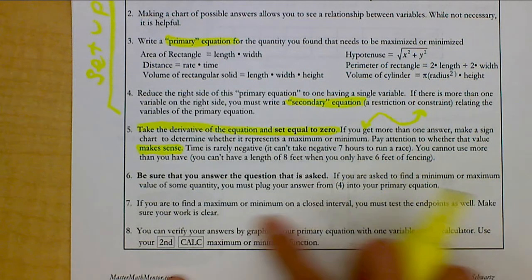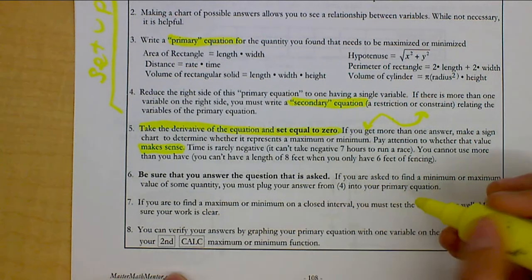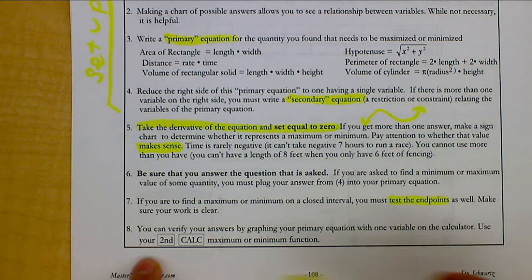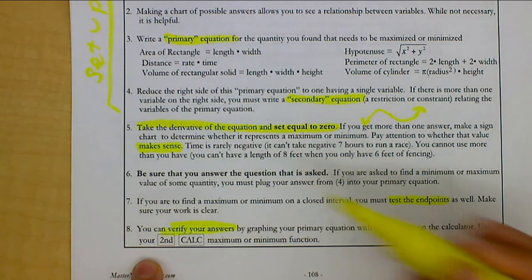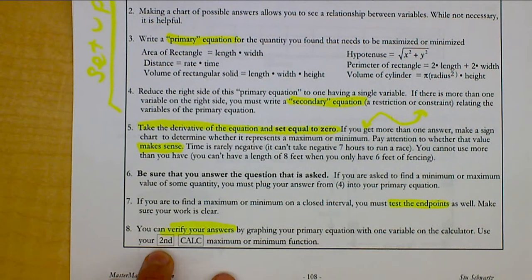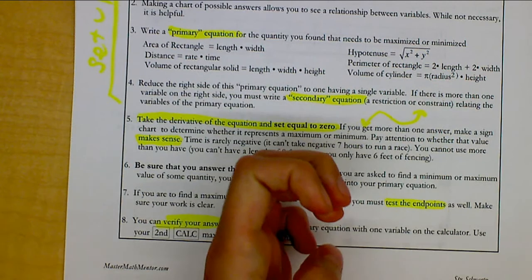If you have to find a max or a min on a closed interval, remember to test the endpoints, because max or min can happen at an endpoint, which might not be a critical point necessarily. And then you can verify your answers using your calculator. So you could always graph the original equation and then use second calculate to find the max or the mins. Okay, we're going to jump right into some examples. So flip the page.